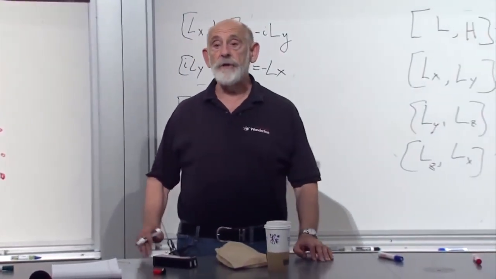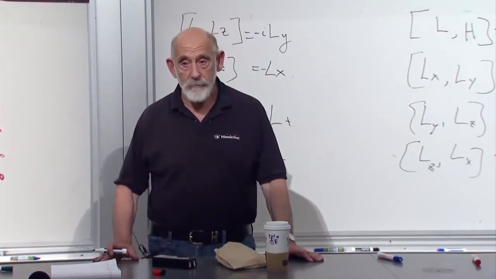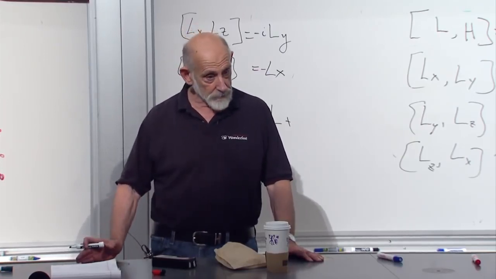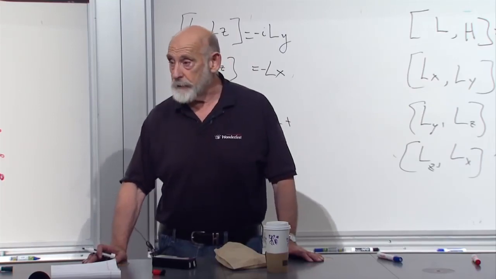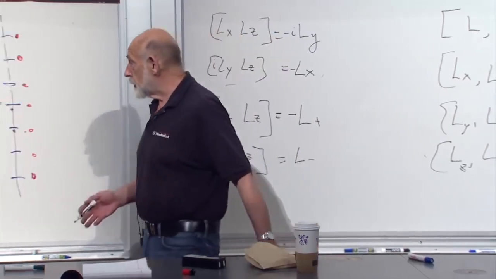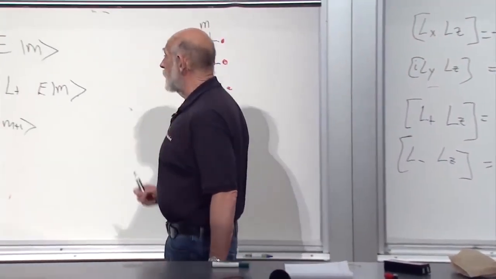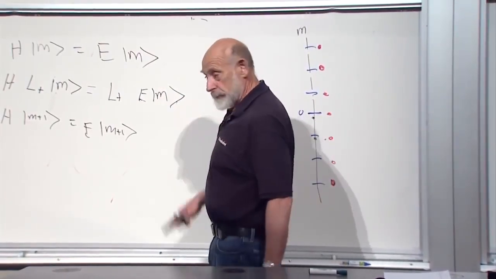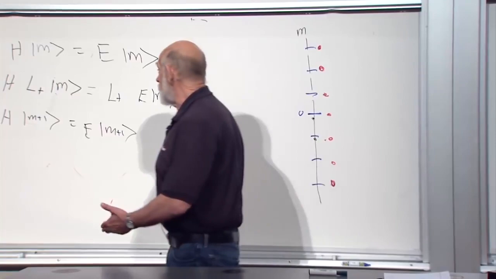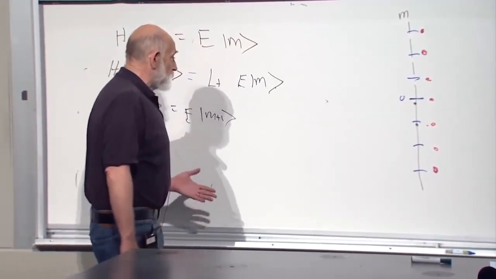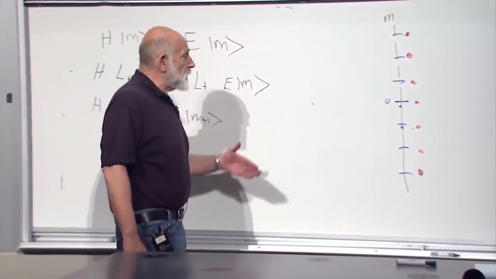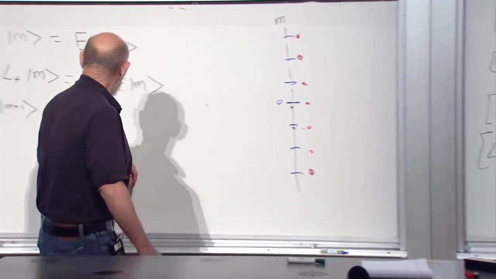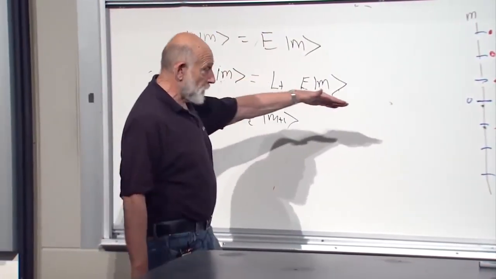This is the idea of degeneracy following from symmetry when symmetries don't commute with each other. This is what we talked about in the beginning. When symmetries don't commute with each other, the L's in this case, it tells us that there are degeneracies. And the degeneracies are states of equal energy. And in this case, the states of equal energy are just found by going up and down this ladder in this way.